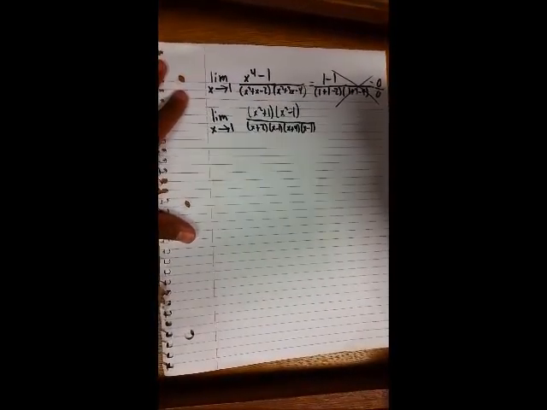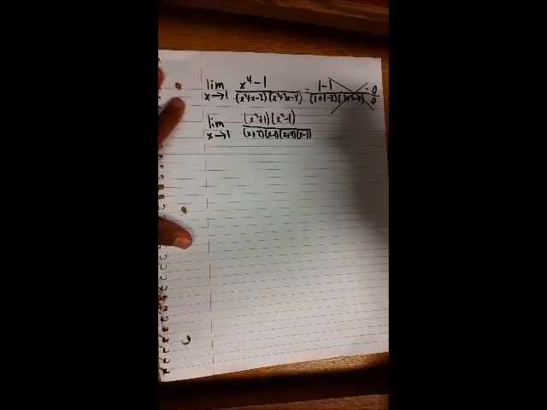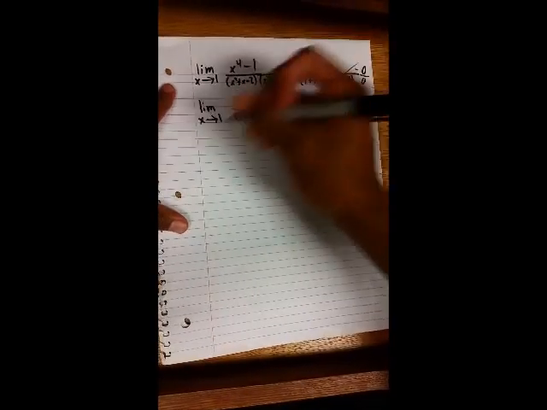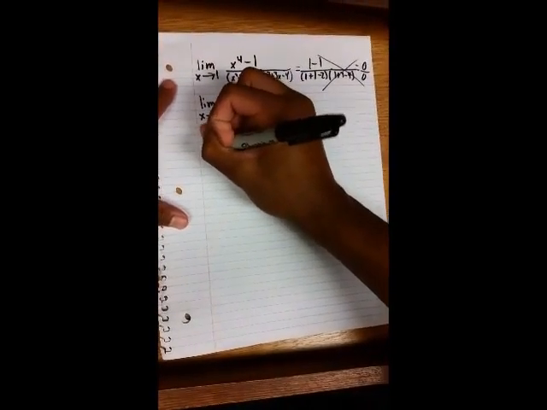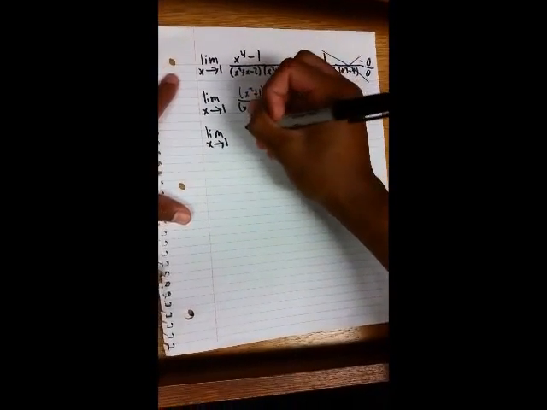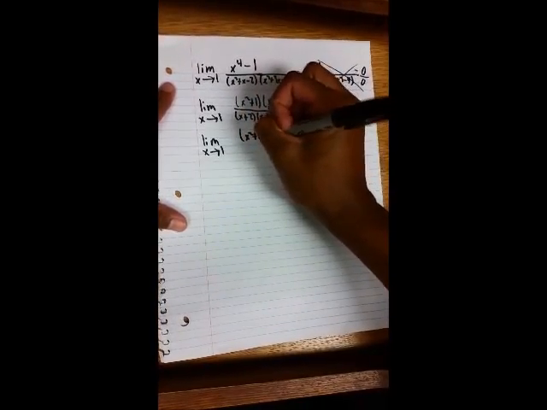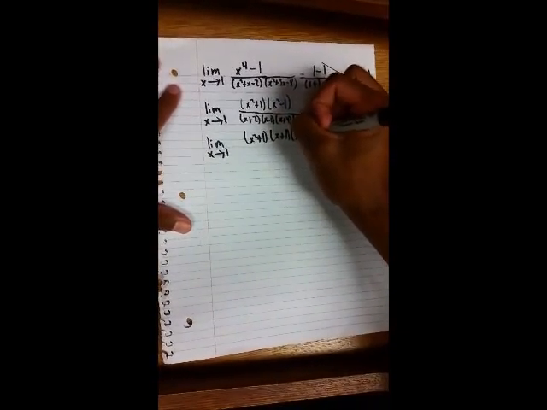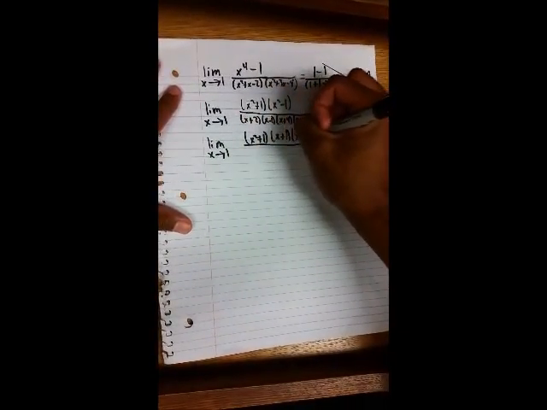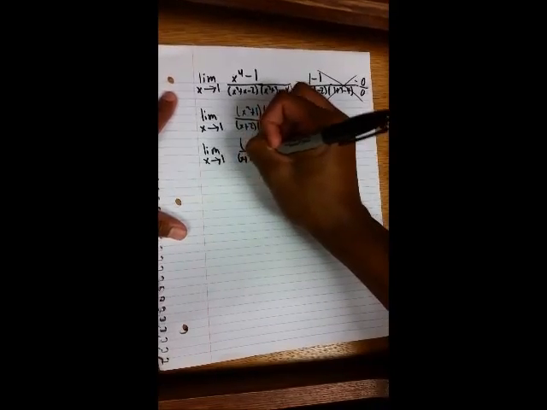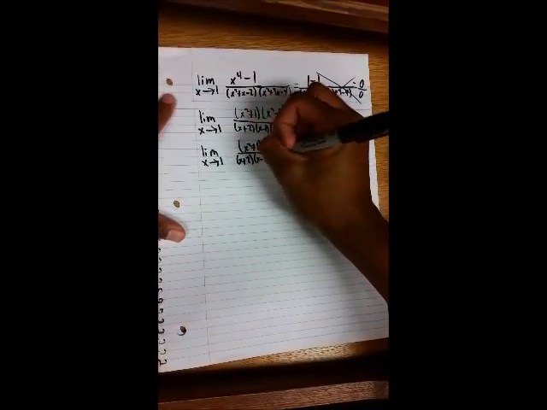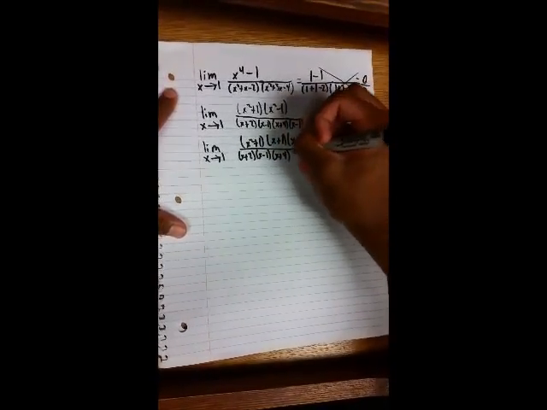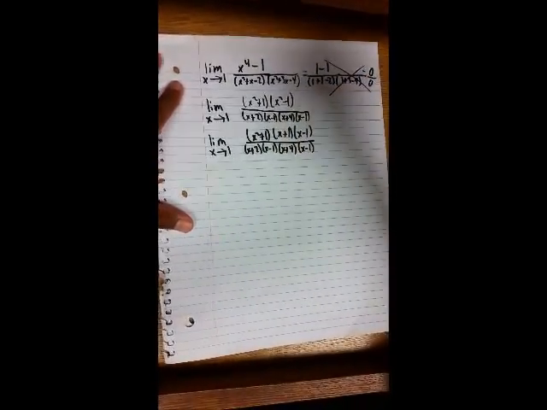Now we can further simplify the numerator with the x^2 - 1. Then we have (x^2 + 1)(x + 1)(x - 1) all over (x + 2)(x - 1)(x + 4)(x - 1).